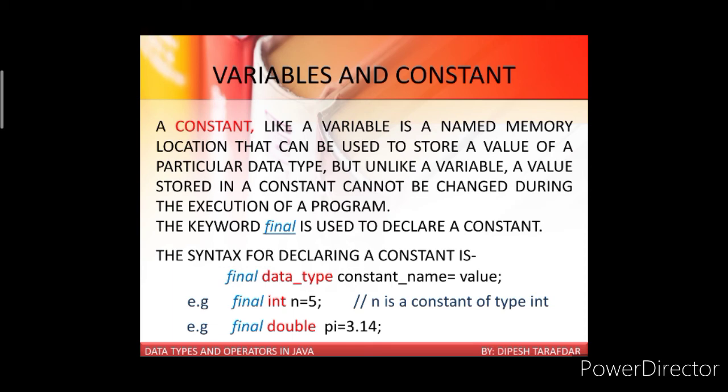You cannot declare a constant without a value. As you can see in both the examples that I've given, the first one, final int n is equal to 5. I've initialized it to 5. And the second one, final double pi is equal to 3.14. So I cannot write simply final double pi and put a semicolon. That will be a syntax error. So I have to assign a value to it as soon as I declare the constant.